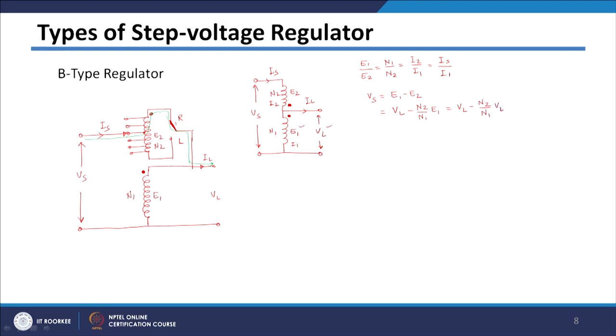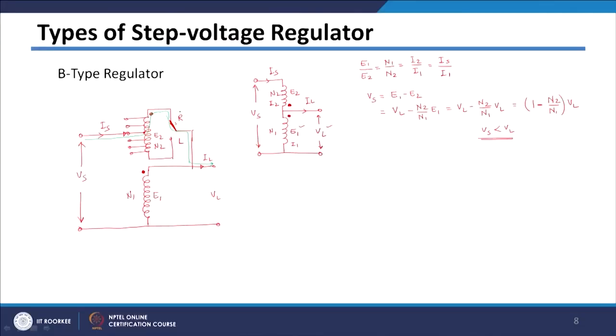So, I can say VL here. So, it will be 1 minus N2 by N1 into VL. So, you can see that Vs will be lesser than VL. In this case, Vs will be lesser than VL.